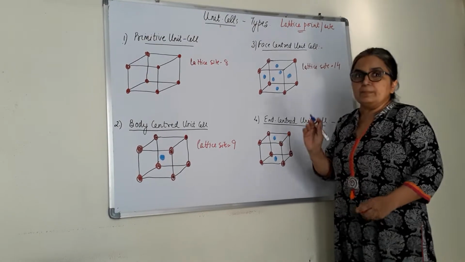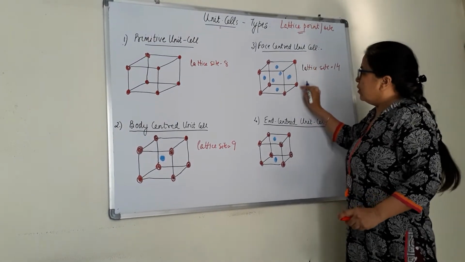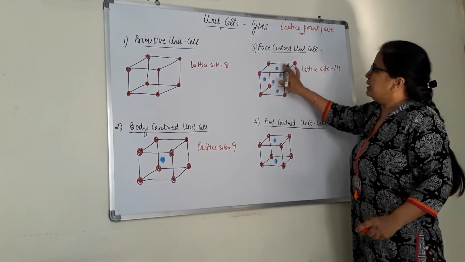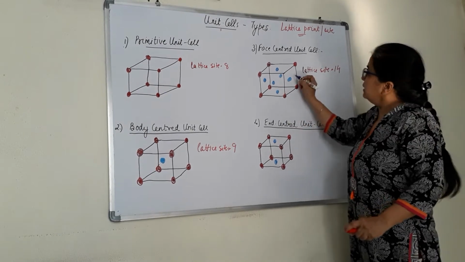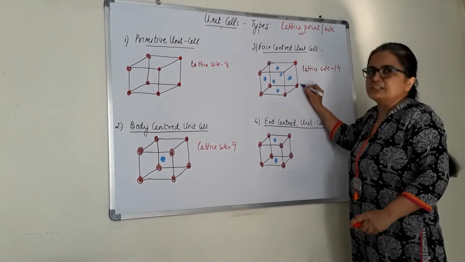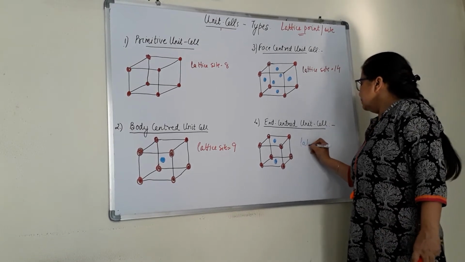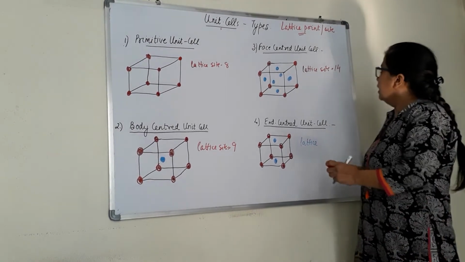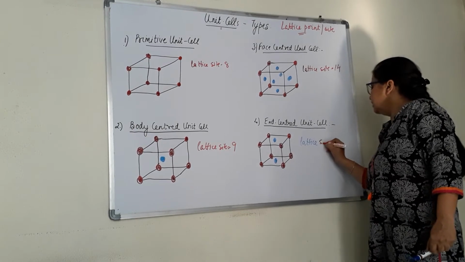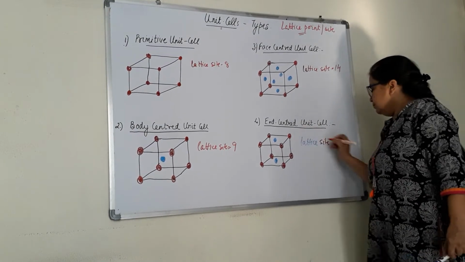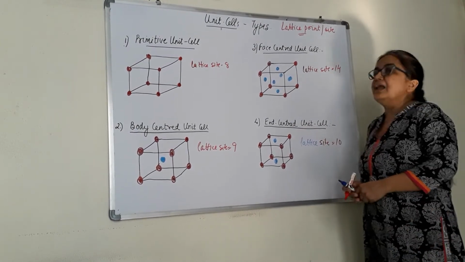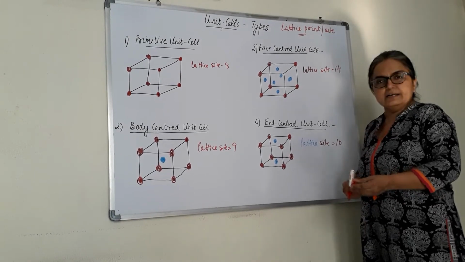I hope everybody knows, these are the corners, this plane part is the face, and this line is called the edge. In this, I'll write with a red pen, 8 plus 2, there are 10 lattice sites. Till here it is clear?